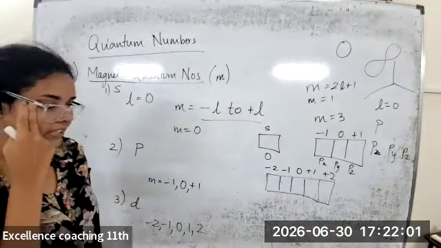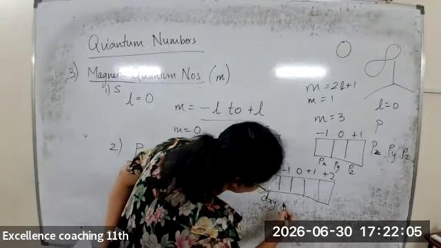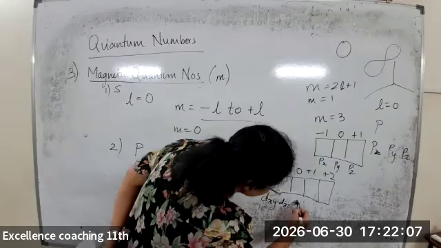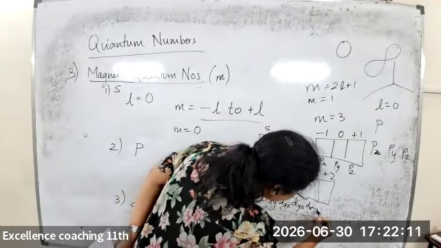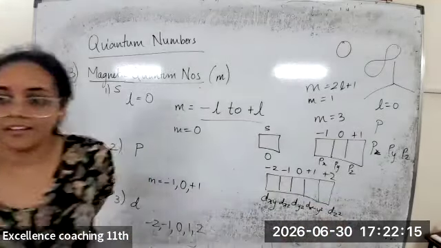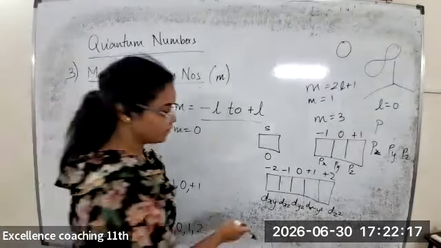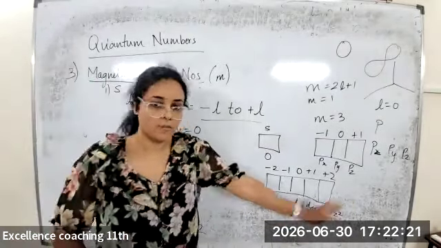When we speak about the D, D can have dxy, dxz, dyz, dx square minus y square, and the last one is dz square. Probably in our further classes we are going to draw the shapes of all these orbitals.